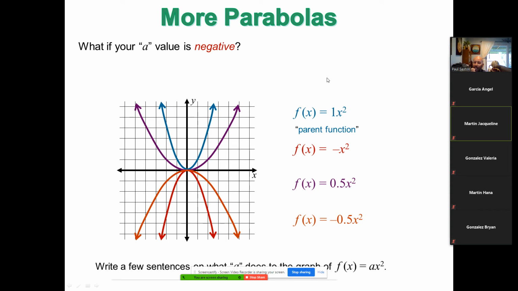Okay? So on your notes, I left a couple lines there for you. I want you to put a little text input and type in what the a value does. Type in what we just explored. I actually gave a rundown in my own words of how a, which is just the number in front of x squared, affects your graph.